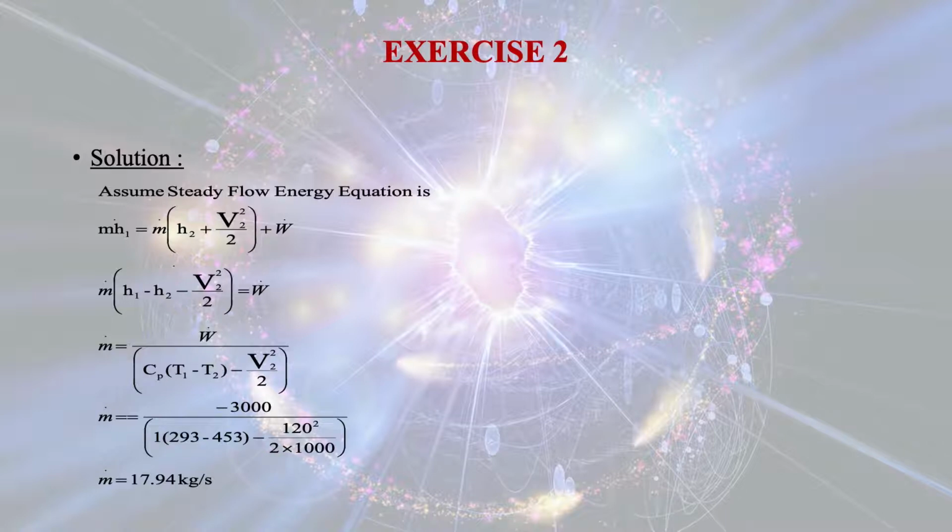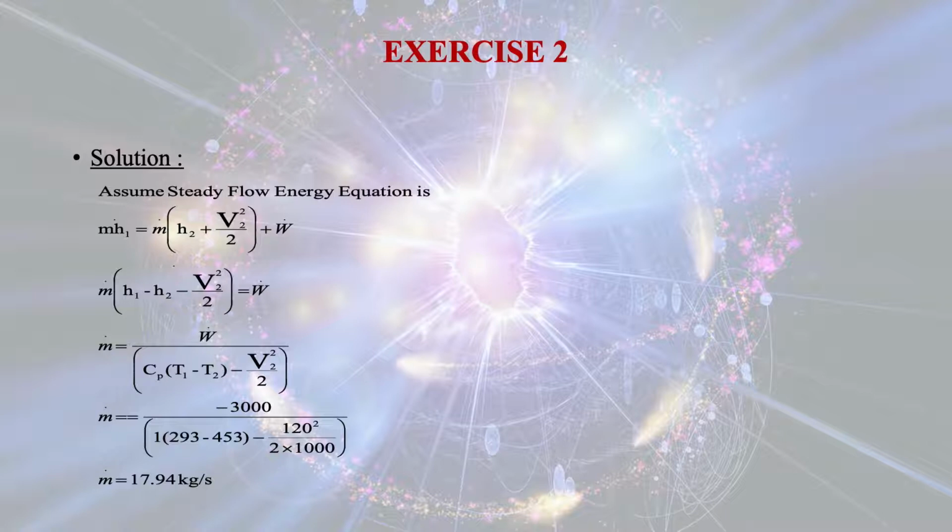So just put the values given in the right hand side of this equation, because W dot is given as 3000 kilowatt, Cp is given as 1, T1 and T2 are also given, and V2 is given. But dear students, you must be very careful in putting the value of V2.